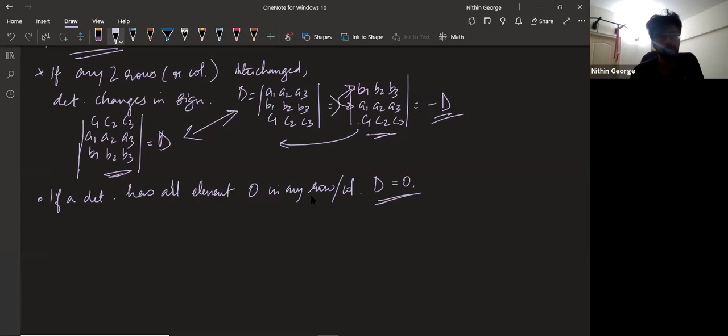And if any determinant has two identical rows or columns, then also D is equal to 0.